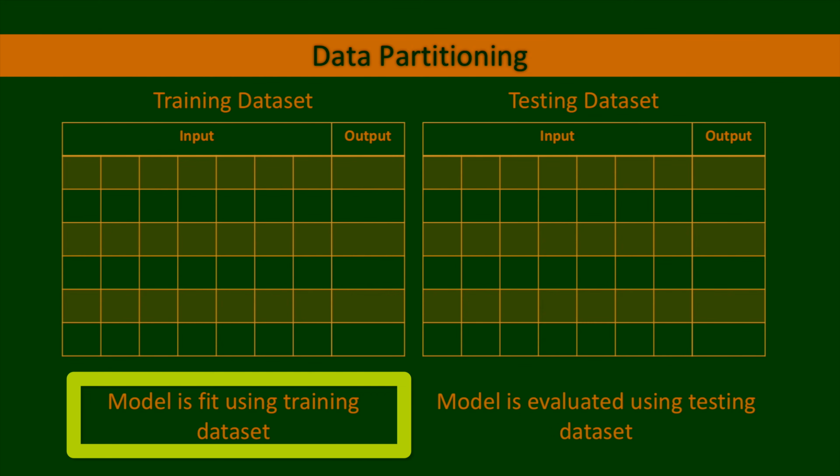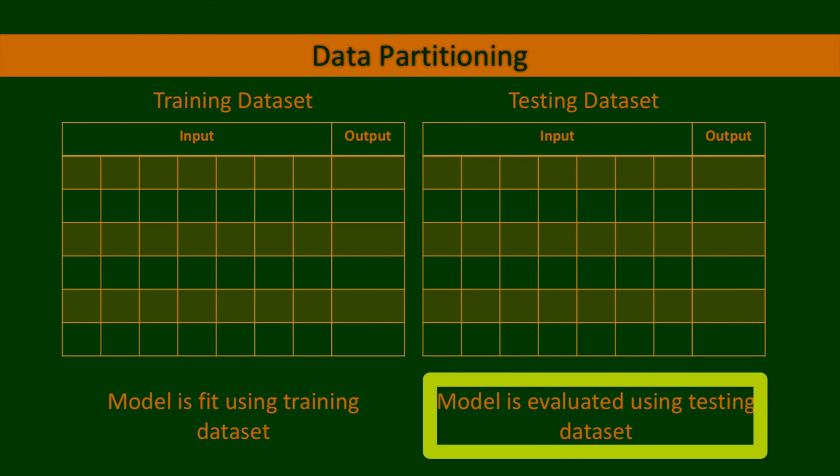But to find out how good or bad that model is, we apply the testing data set, which has not been seen by this model. The model has only seen the training data set using which it was created, but obviously it has not seen anything from the testing data set. So those data points are totally new to this model. Basically we use the testing data set to evaluate the model.